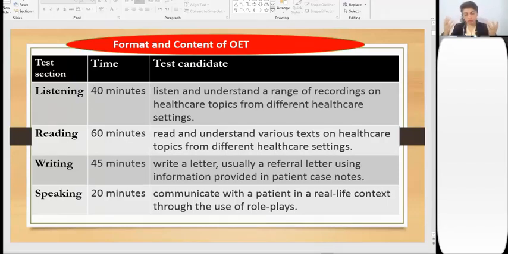Actually, you don't need to memorize, because during the tests and practices, you will adapt yourself to this condition, this situation. For listening, you will have 40 minutes. You will listen and understand a range of recordings on, okay, we will have 10 minutes.